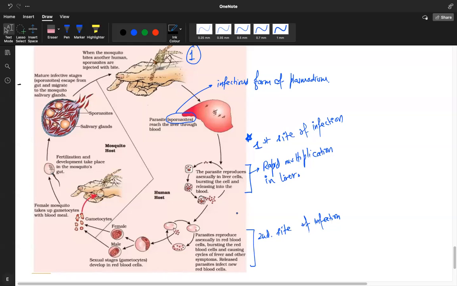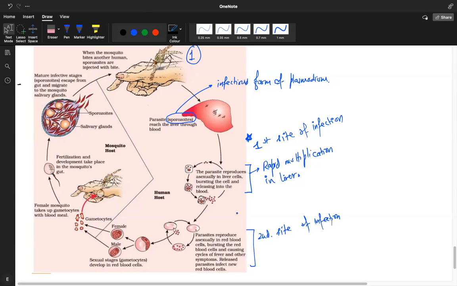To digest the blood, it has to break down the proteins, and one of the proteins is hemoglobin. So when you digest hemoglobin, as a product in your digestive vacuoles, you form hemozoin. Hemozoin is formed from the digestion of the blood, and it's a brown pigment. Instead of red, it is brown, and it is a toxic thing.